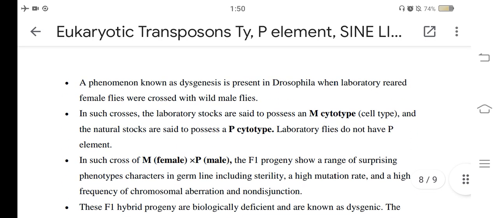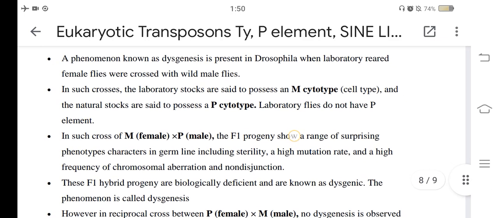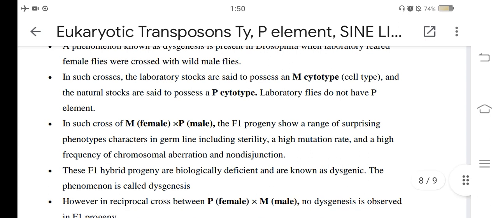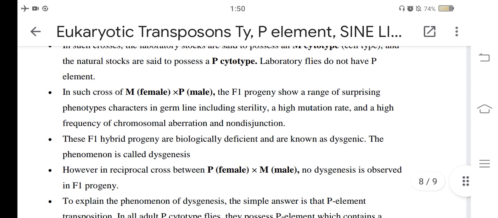A phenomenon known as dysgenesis is present in Drosophila when laboratory-reared female flies are crossed with wild male flies. In such a cross, the laboratory stock is said to possess the M cytotype, and the natural stock is said to possess the P cytotype. Laboratory flies do not have P elements.